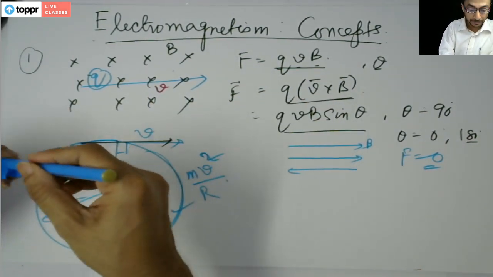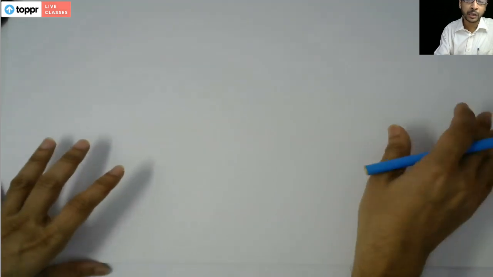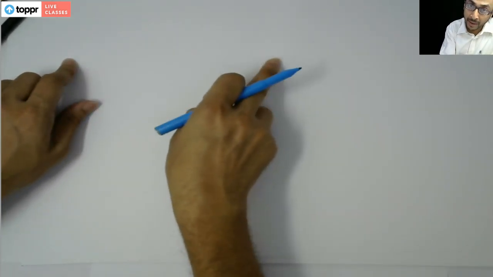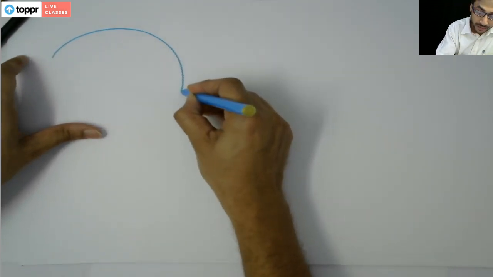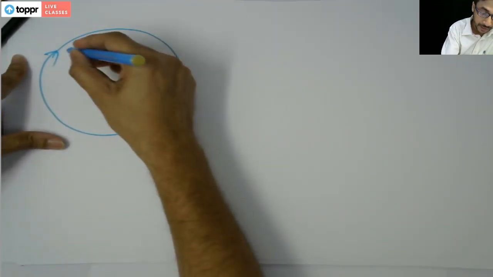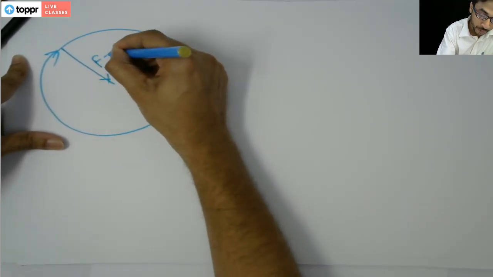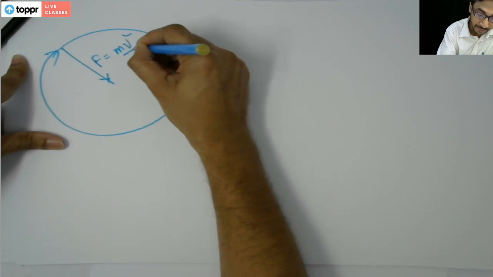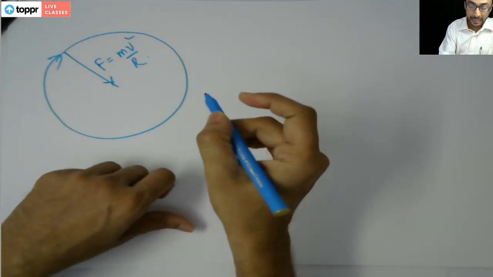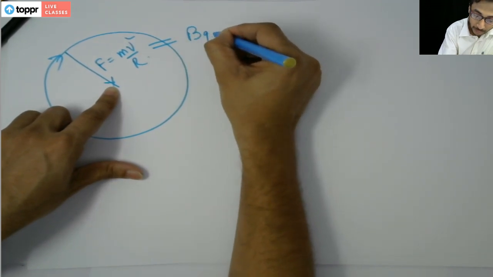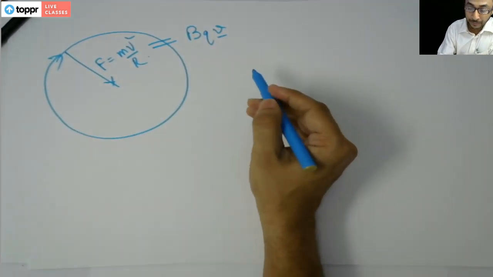Let us see. We are talking about when a charged particle is moving within a magnetic field, it is moving around a circle, right, where this force, which is nothing but mv squared by r, is given by the Lorentz force, that is BQV.